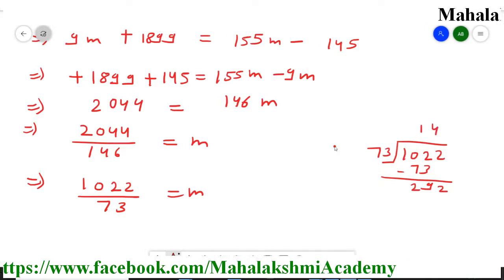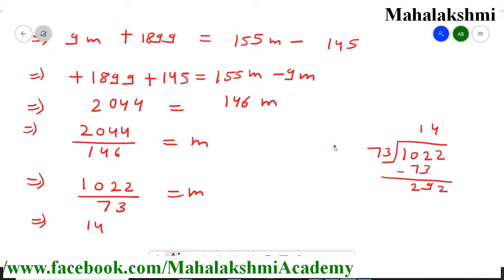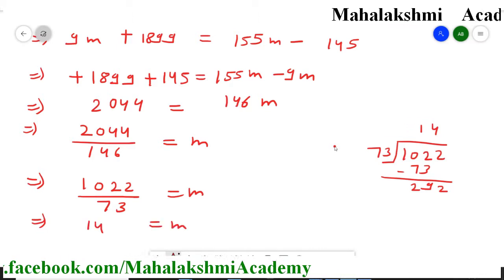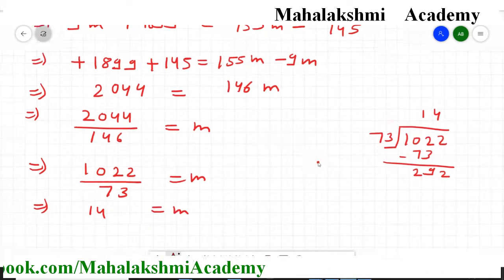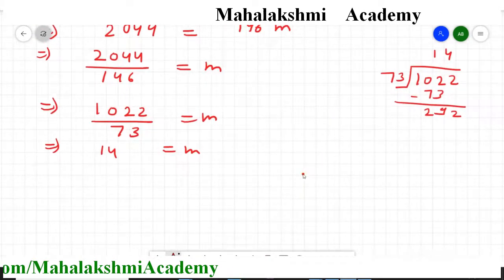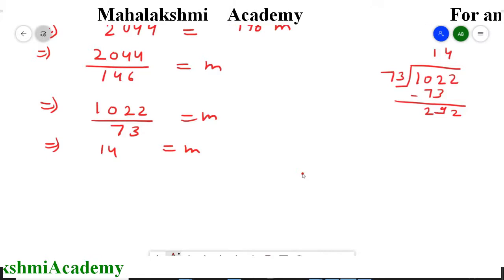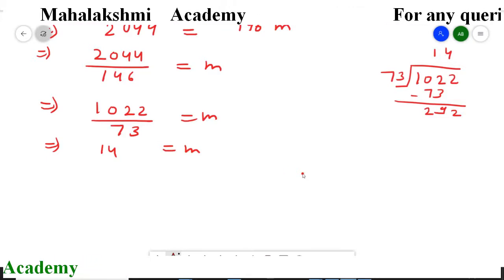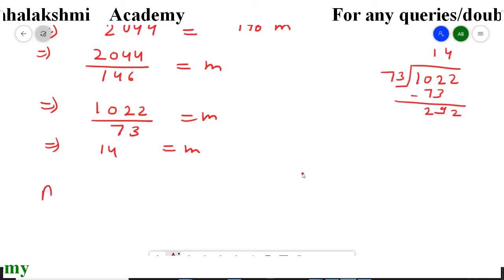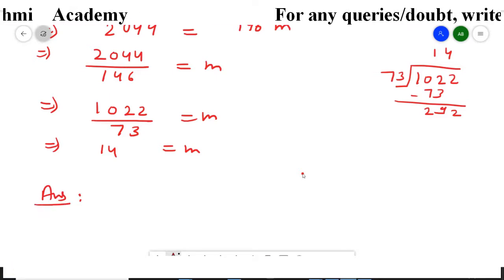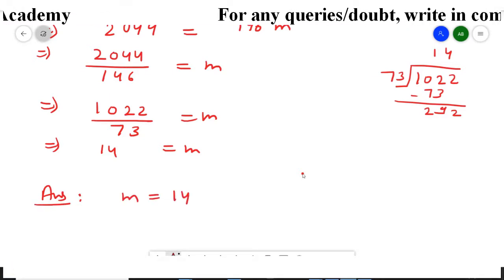So the value of M is 14. So the number of means which we have to introduce between 1 and 31 is 14. So finally we'll write the answer: M is equal to 14.